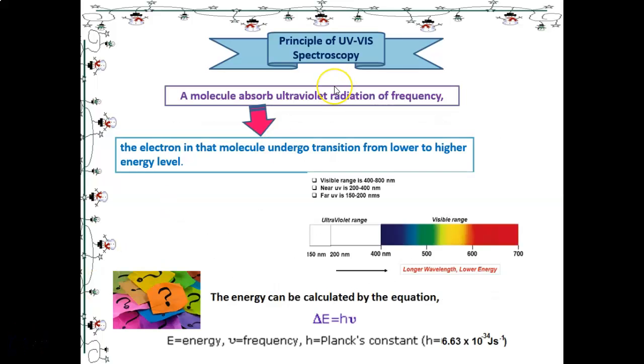Now we look at the principle of UV-Vis spectroscopy. A molecule absorbs ultraviolet radiation of a certain frequency, and the electron in that molecule will undergo transition from a lower to a higher energy level. In the previous lecture, we did cover the electromagnetic wave.